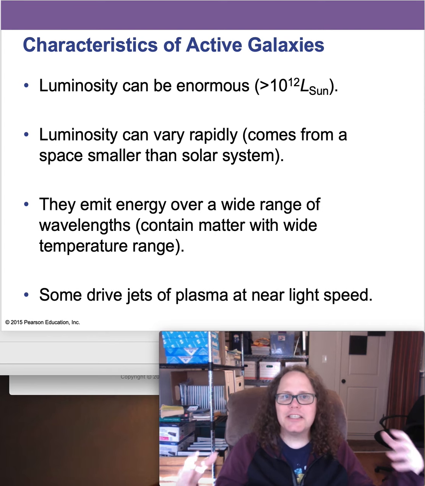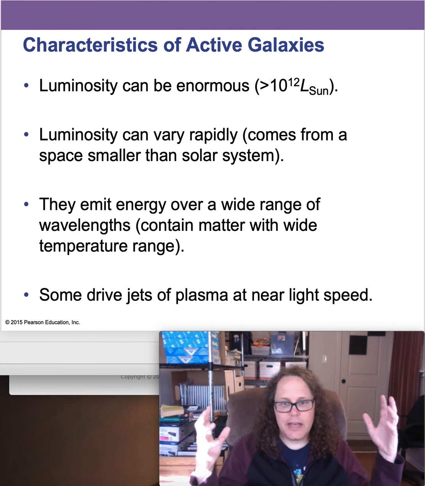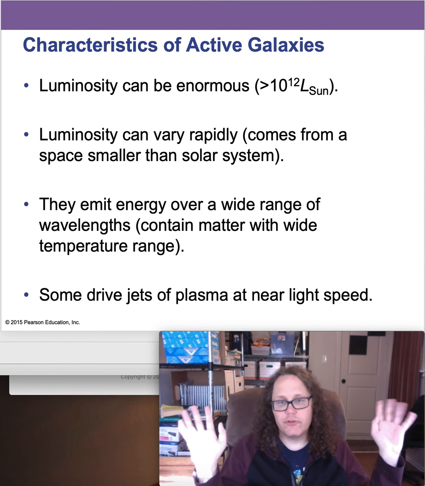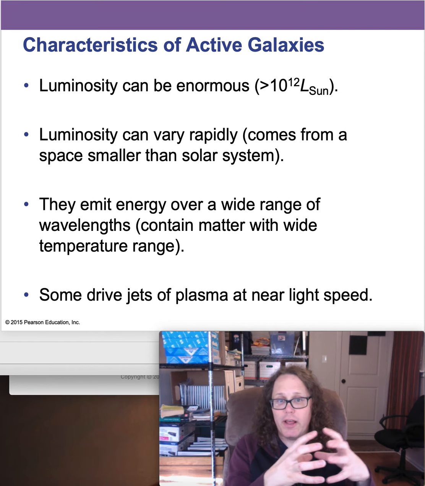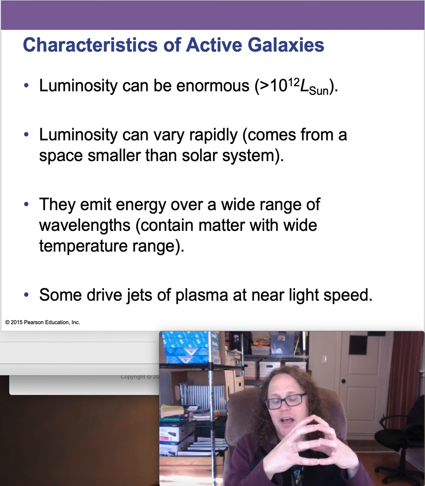So an active galactic nucleus can be extremely luminous, 1 trillion times the luminosity of the sun. Luminosity also varies rapidly. It gets really bright and really dim very quickly. That tells us that the thing is small. It's compacted down to something the size of the solar system.